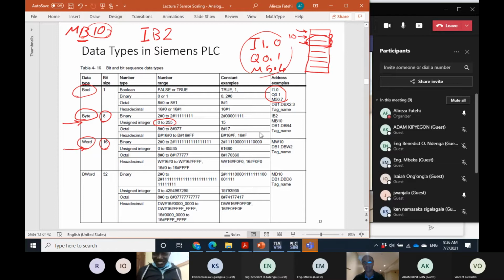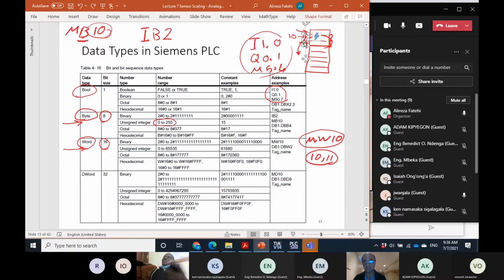For example, MW10. Then we say that we address a memory like MW10. It means that it used memory bytes number 10 and 11. So memory cells number 10 and 11 together are MW10.